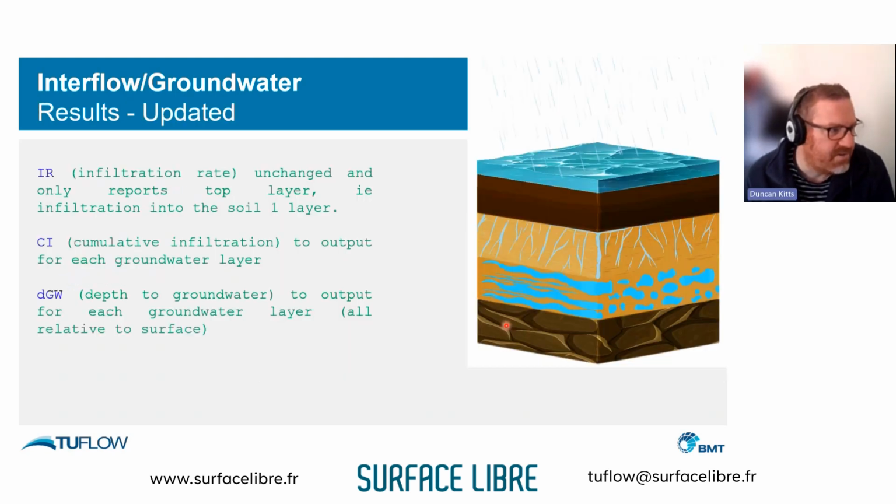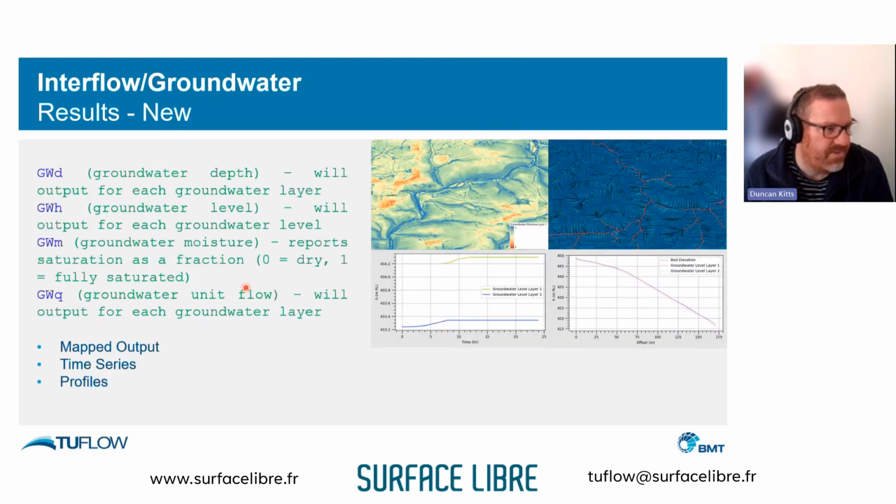Results are updated as well, so we've got the general ones that we had previously, but this time we've got the groundwater depth within each layer, the groundwater level within each layer, the groundwater moisture within each layer, groundwater flow within each layer.